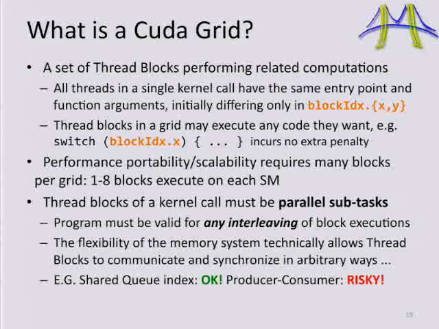And even though the memory system is flexible enough for them to communicate in arbitrary ways, the memory system and the various intrinsics that I'll discuss in some detail later allow you to implement producer-consumer relationships or spin locks or semaphores, although that's very risky to do precisely because you don't know that all of those thread blocks are resident simultaneously. But things like shared queue indices are okay, where they can coordinate on some piece of memory as long as you don't assume any ordering between thread blocks or assume that all thread blocks will be resident simultaneously.